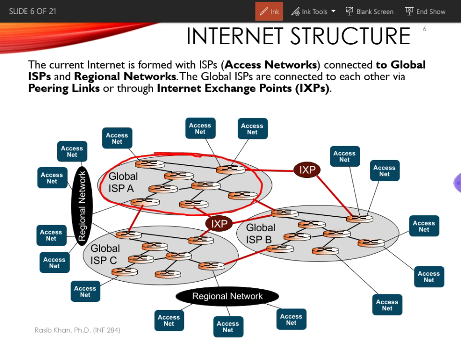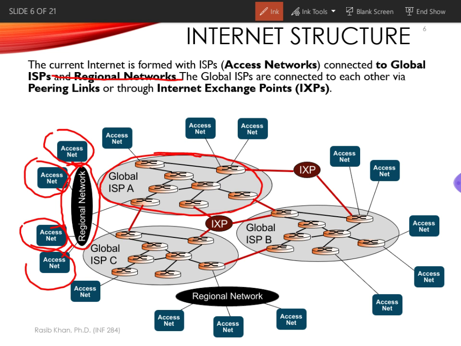There's also something that we can refer to as regional networks. These regional networks are kind of like a mid-tier management network to connect multiple access nets in a given region.